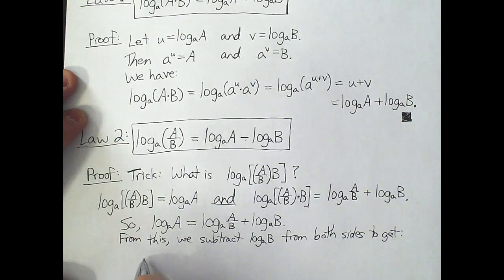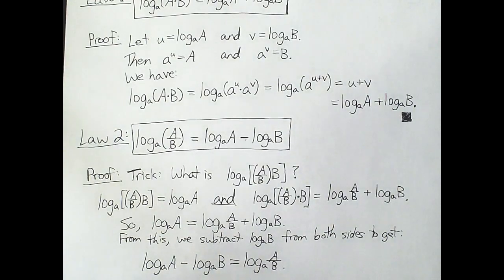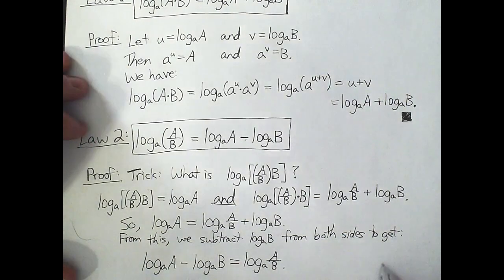I get log base A of A minus log base A of B equals log base A of A over B. And that is exactly what we were trying to prove. That is law 2. So we started with this weird trick, but the final outcome that we got is a formula that we call law 2. So that's the end of that proof.